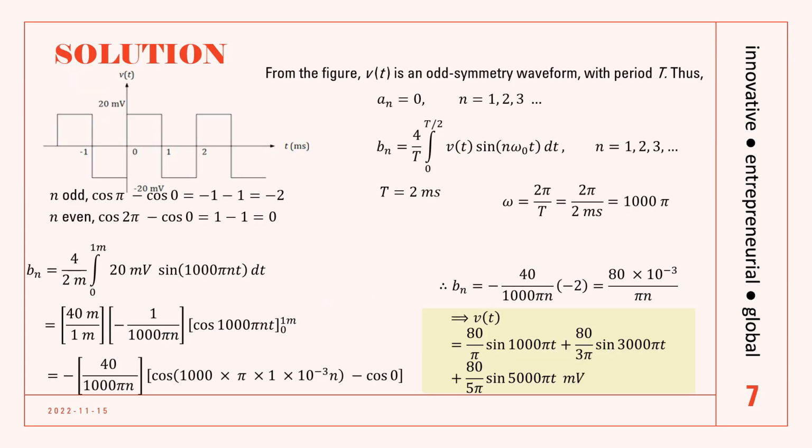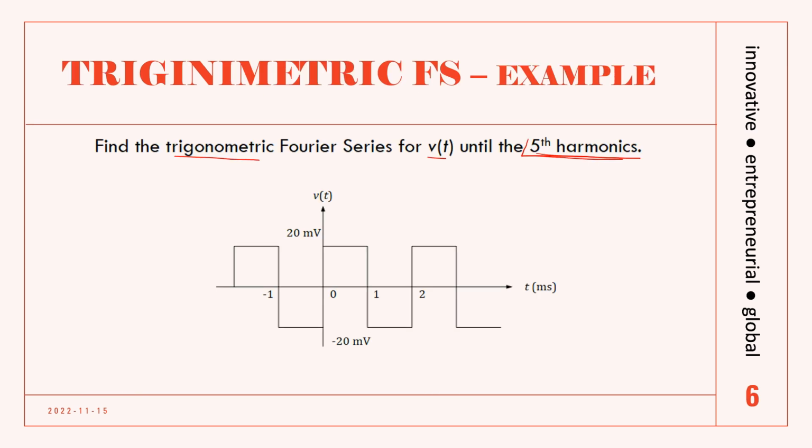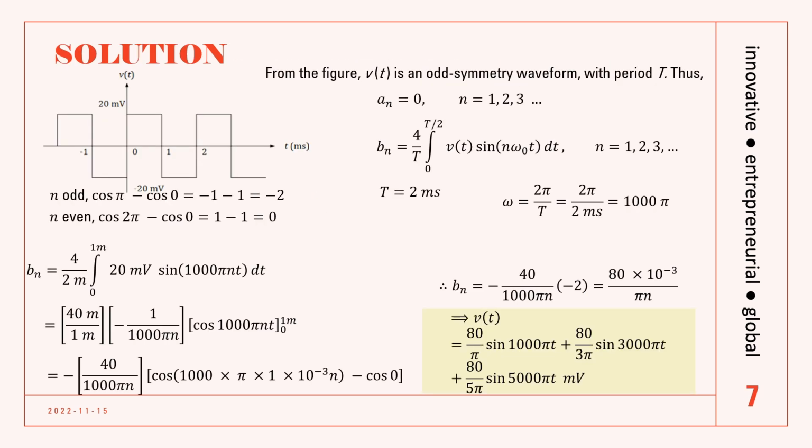So here are the solutions. This is a quite conventional method for solving this type of question. First of all, you look at the figure. Based on the figure, we know that it is an odd symmetry.